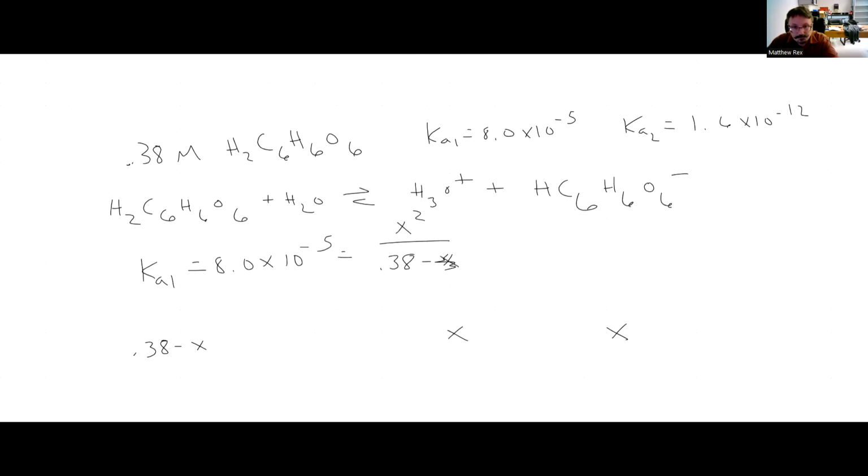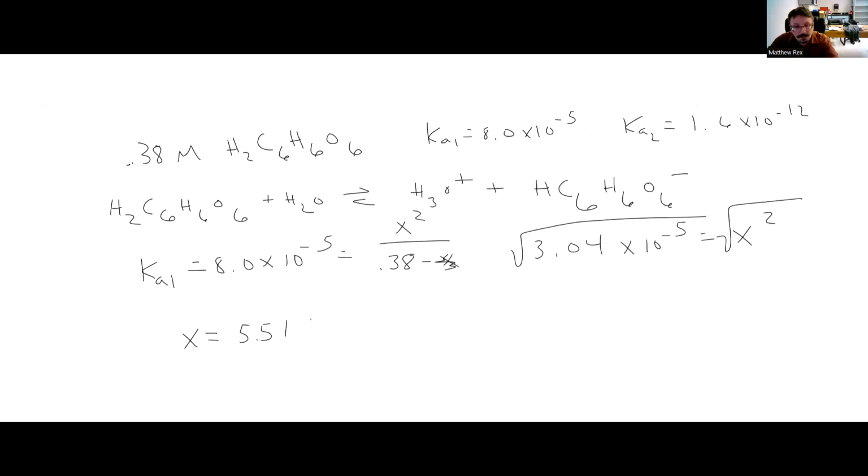We're going to get 3.04 times 10 to the negative 5 equals X squared. Take the square root of both sides, and X is equal to 5.51 times 10 to the negative 3. That is the same thing as our hydronium ion concentration. So if I take the negative log of that, we should get the pH, which is 2.26.